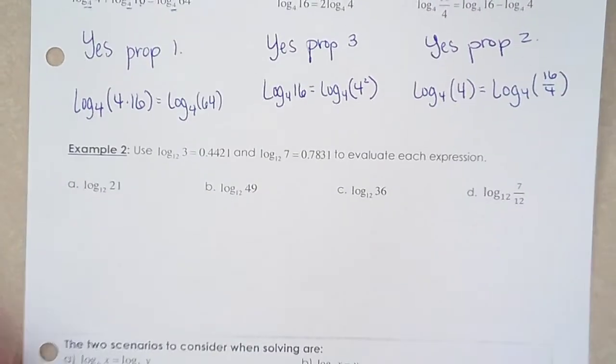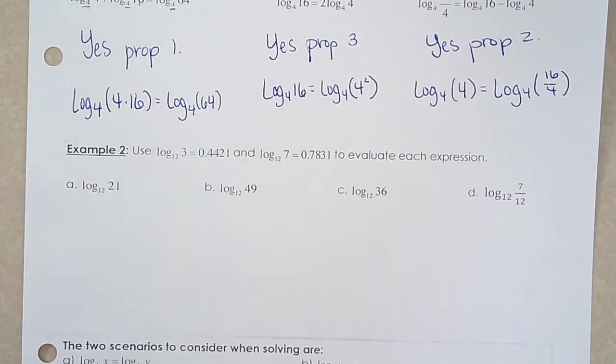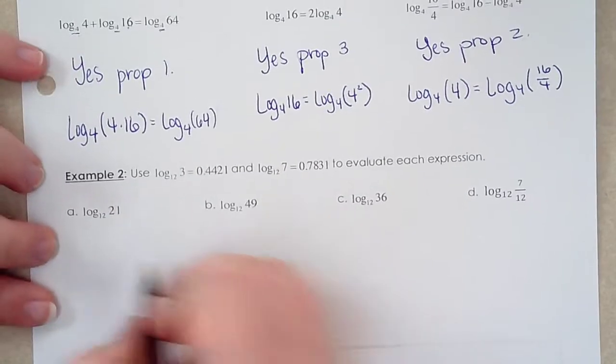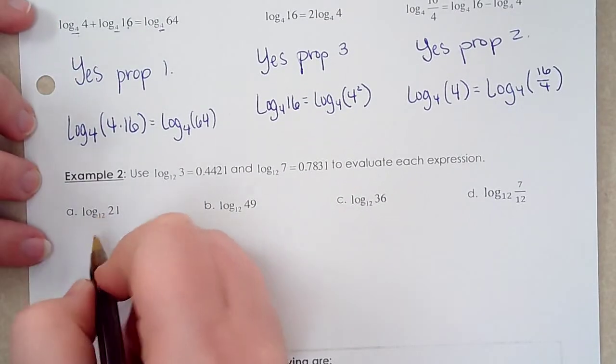All right, example 2. Use log base 12 of 3 equal to 0.4421 and log base 12 of 7 equal to 0.7831 to evaluate each expression. So let's rewrite these based on our properties from above.